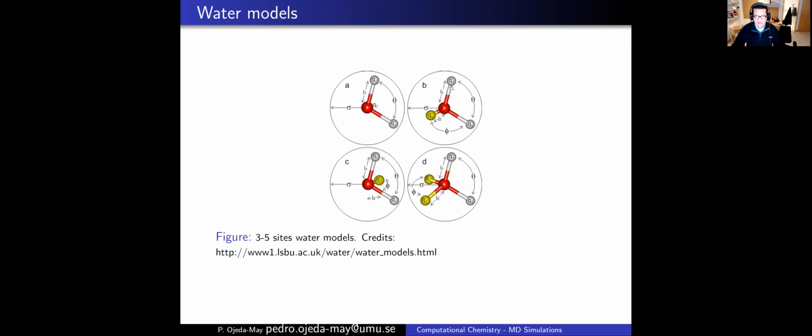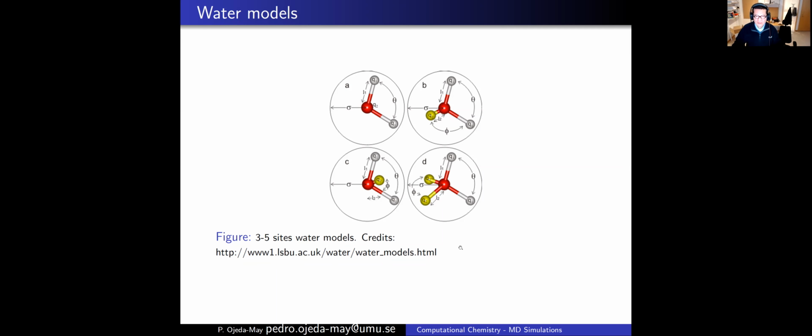We can also have an additional auxiliary atom, which corrects for a dipole moment, and a more precise model, which involves 5 sites, 5 atoms.